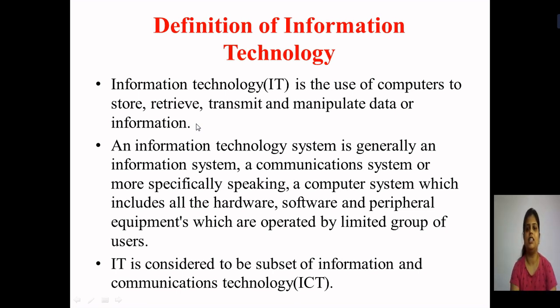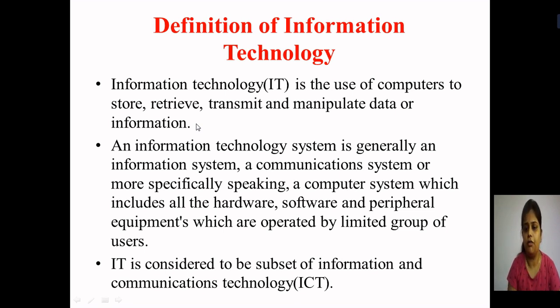Now next, what is the IT system, how this system is made up of. So IT system is generally an information system, you all can say, or a communication system, you all can say. Specifically it is a computer system which includes different types of hardware, software and peripheral devices.